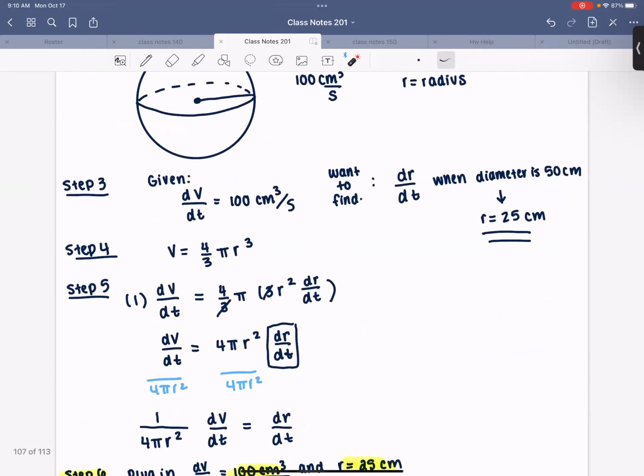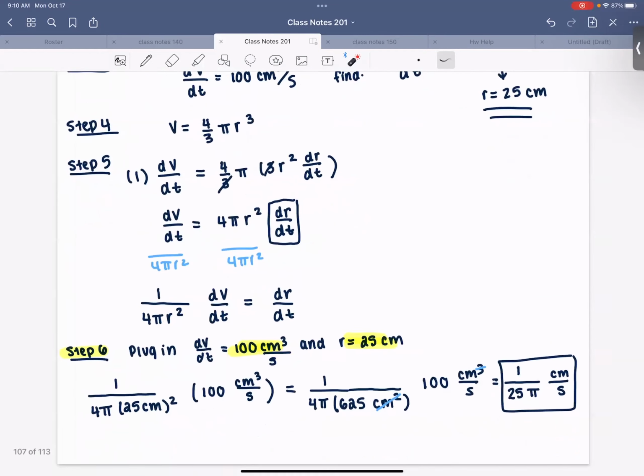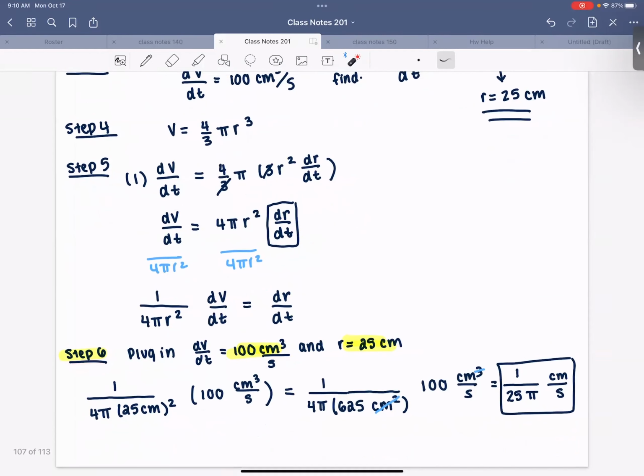Once I'm done doing that, step four is to find an equation that relates all the variables that I'm looking at. Usually either the question gives it to us or we're going to have to use the geometry of the question to figure out an equation, which we'll figure out today. Step five is to take the derivative with respect to t using implicit differentiation, which we did on our quiz, right? And then step six was to plug in everything at the end.